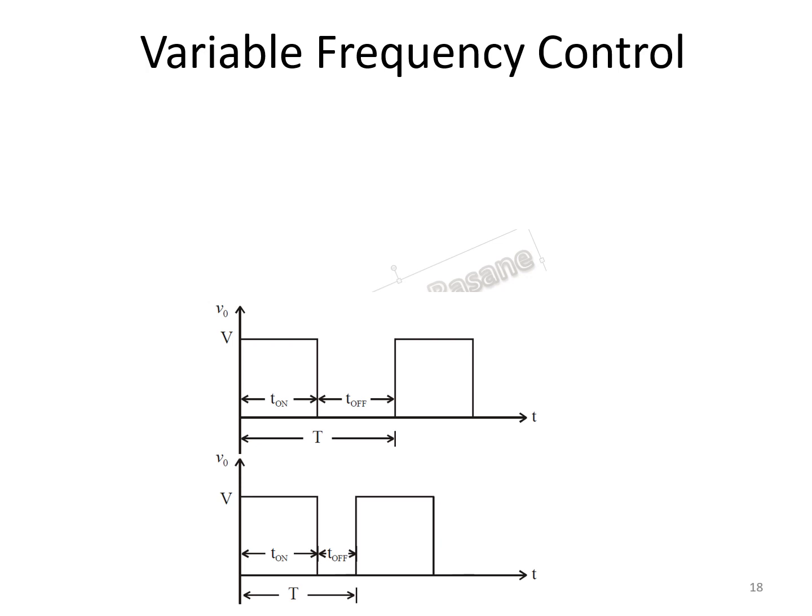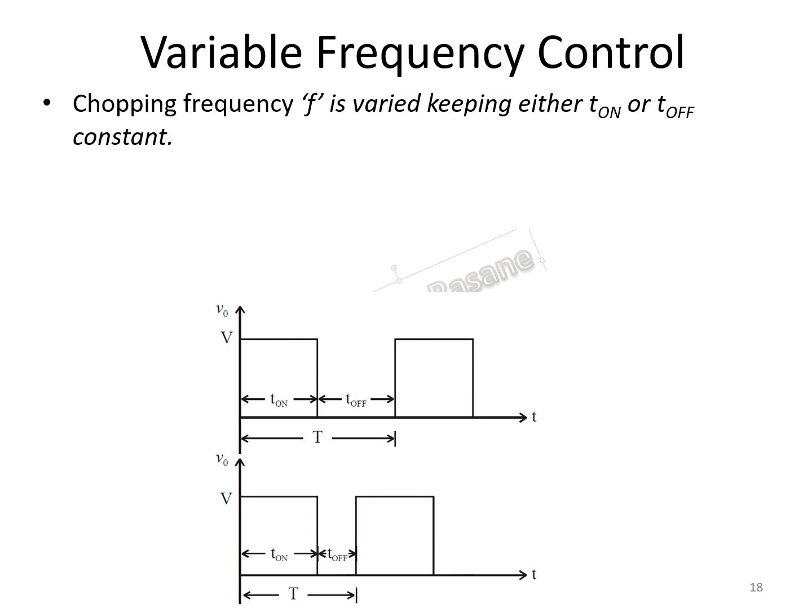Next is variable frequency control. In this case, the chopping period T will be variable. In the first case, T on is this much, T off is almost the same as T on, and the total period T is T on plus T off. In the second control, I have kept T on fixed, but made T off small, so T will decrease.